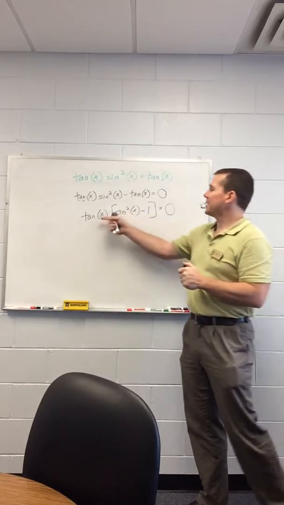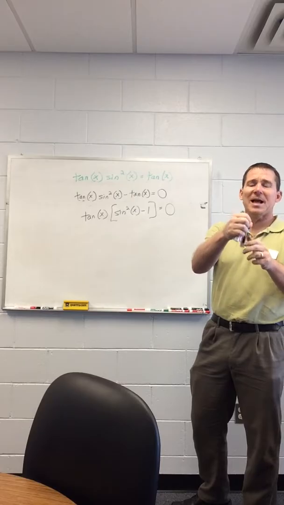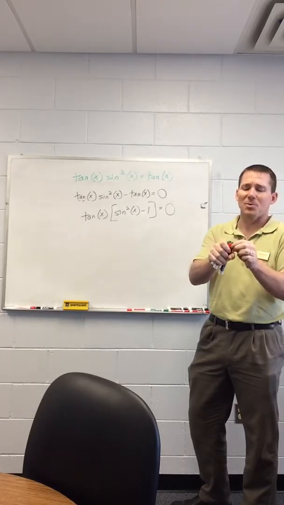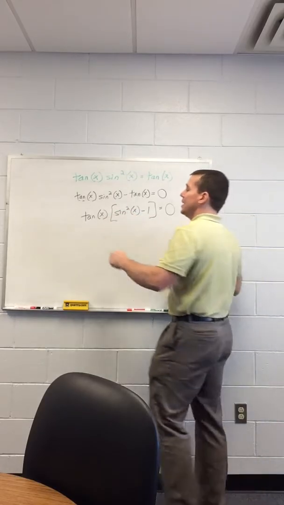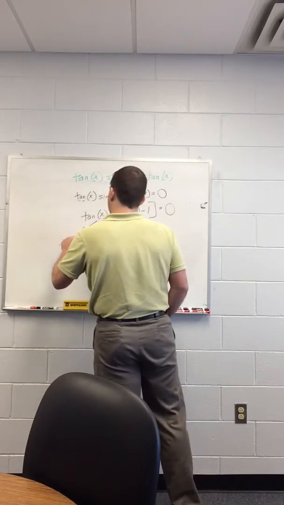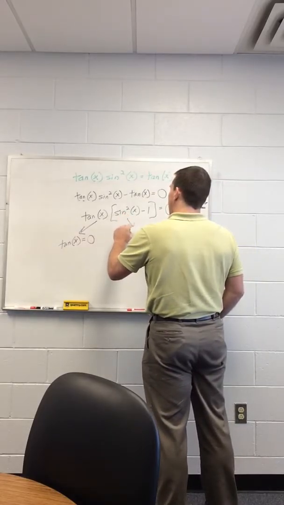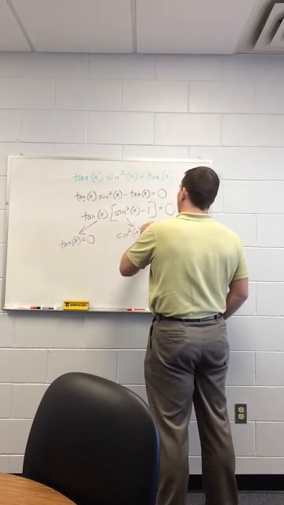But now we have 2 factors multiplied together equal to 0, which means now we can apply the zero product property that we do when we factor and set each term to 0. So here, I get tan x equals 0. Here, I get sine squared x minus 1 equals 0.